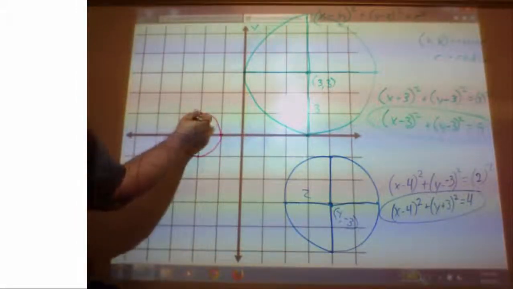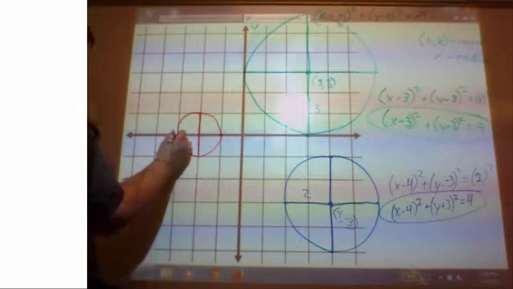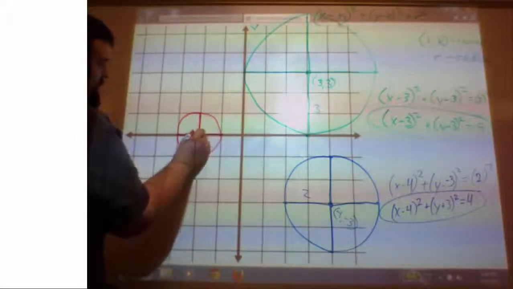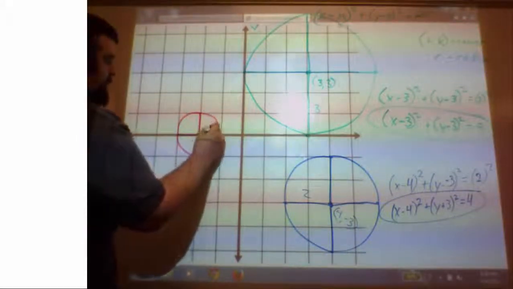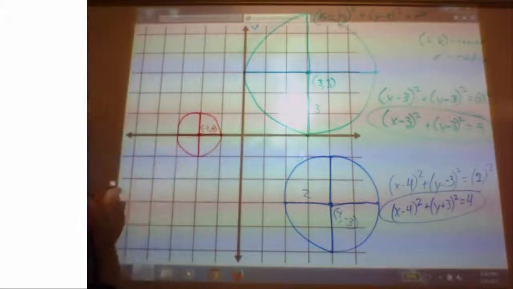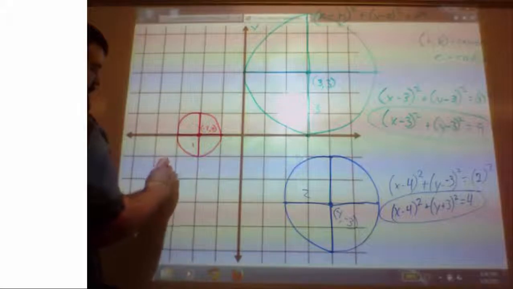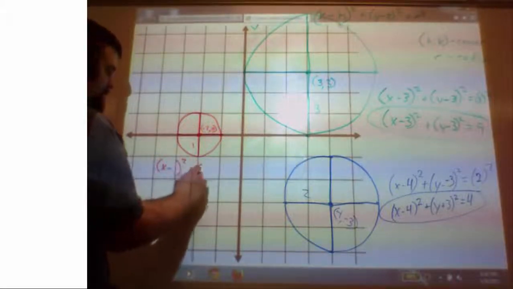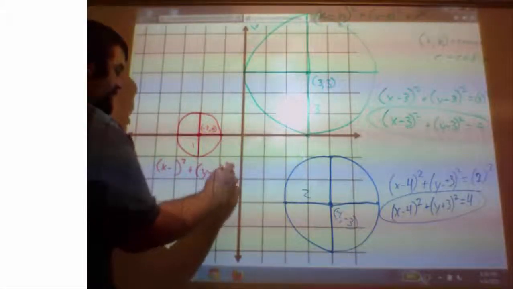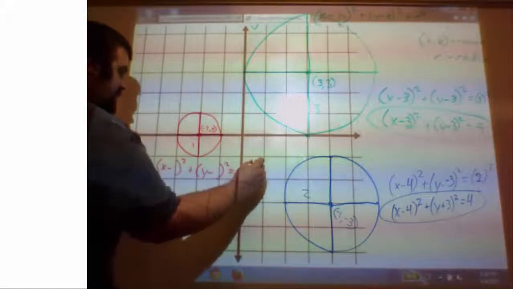If you got this, by drawing a line vertically, drawing a line horizontally, this is my center. It's at (-2, 0). The radius is only 1 away. So when I do this equation, it's (x - h)² + (y - k)² = r².